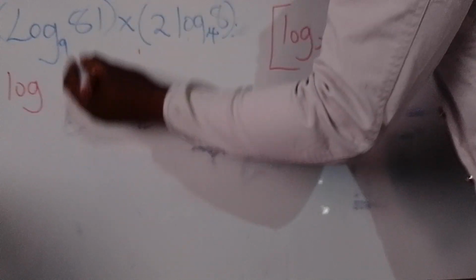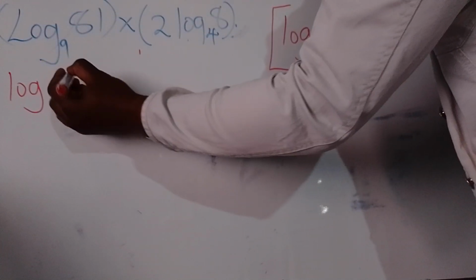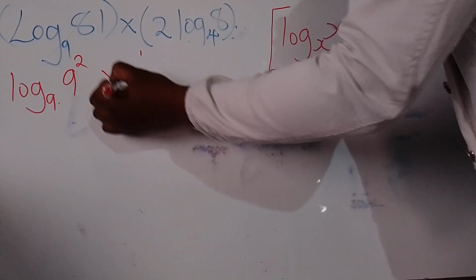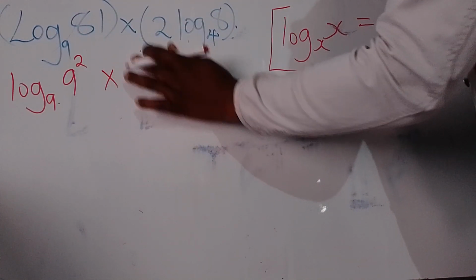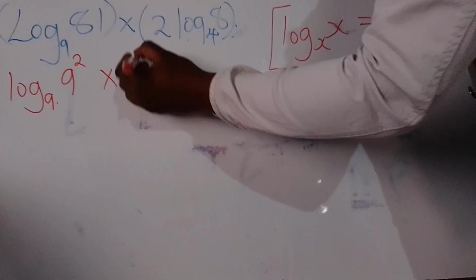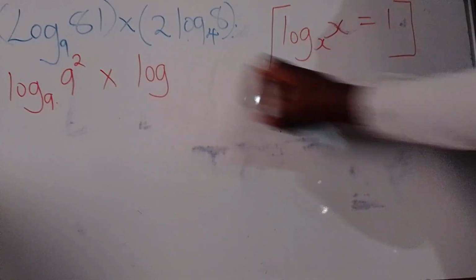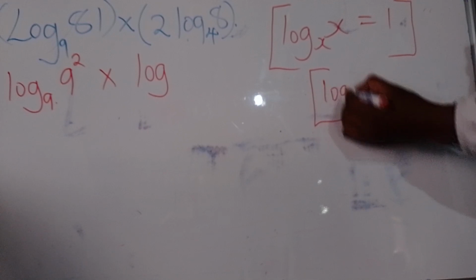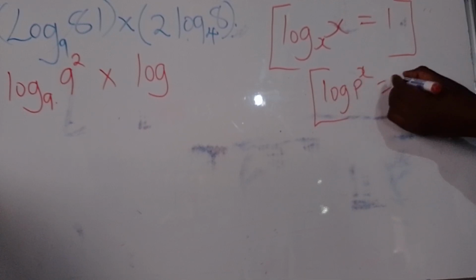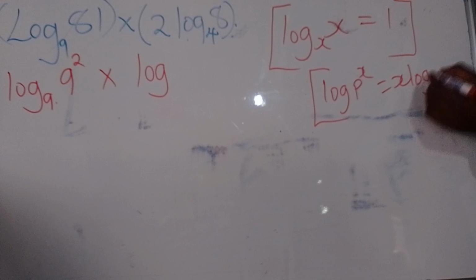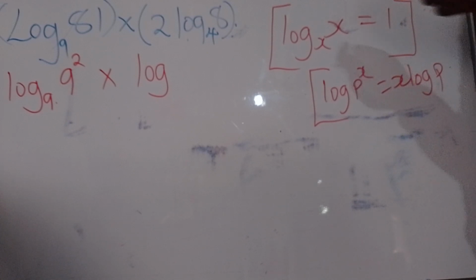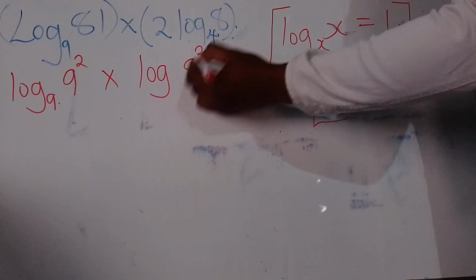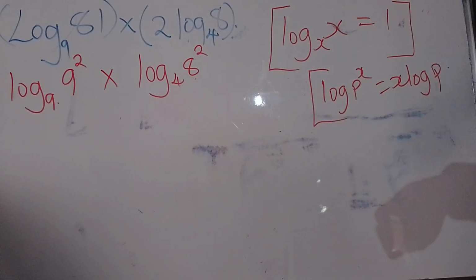Log 81 is just the same as 9 to the power 2, times this simplifies to, applying the principle log of p to the power x is equal to x log p, the logarithm of 8 squared to base 4.